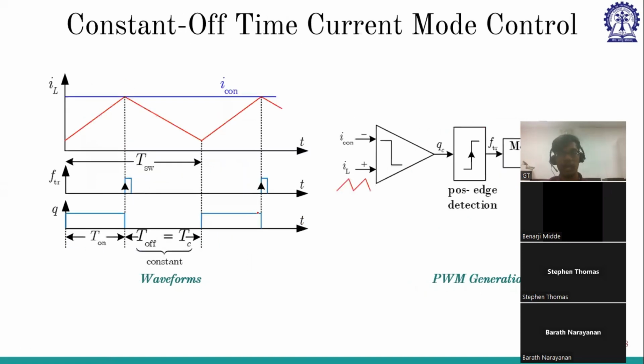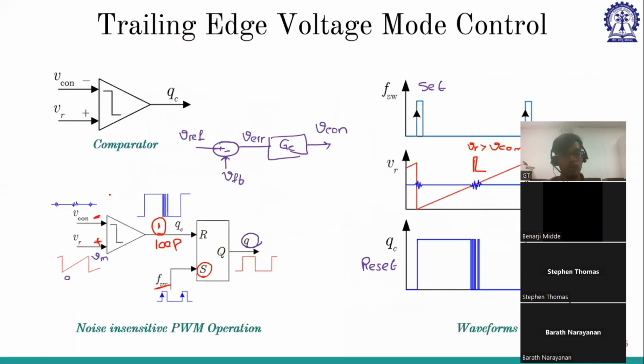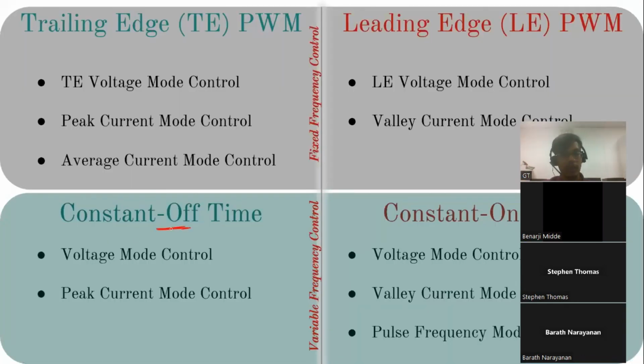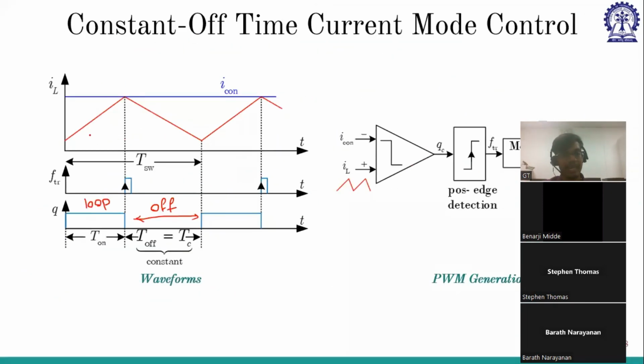Okay. So I'll continue. Whereas in the case of constant off time, the off time is fixed. See, this off time is fixed, and on time is coming from the loop. And I have told you here, off time is analogous to peak current mode control. So whenever the inductor current hits the Icon, which is coming from the loop, it will reset.